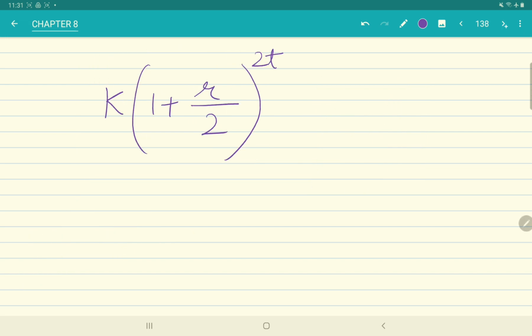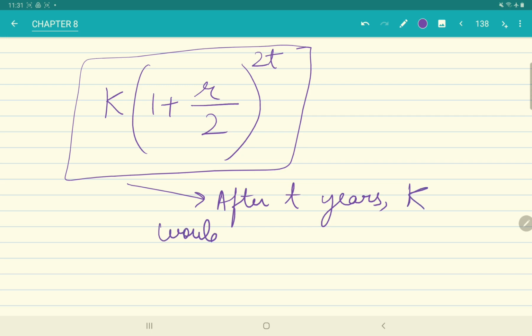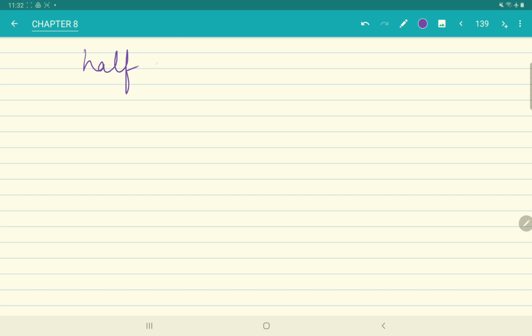So after t years, k would increase to this when interest is added after each half year at an interest rate of p by 2.